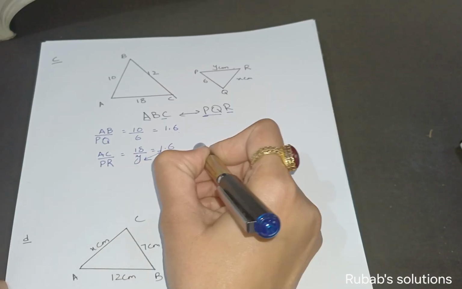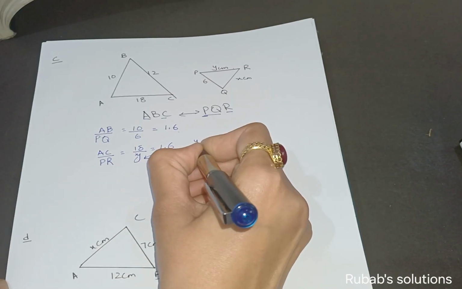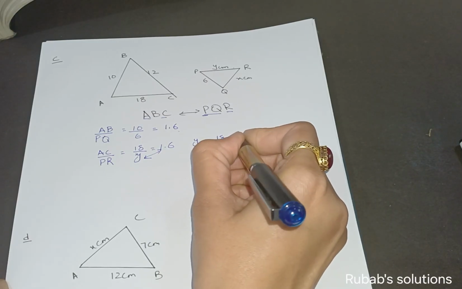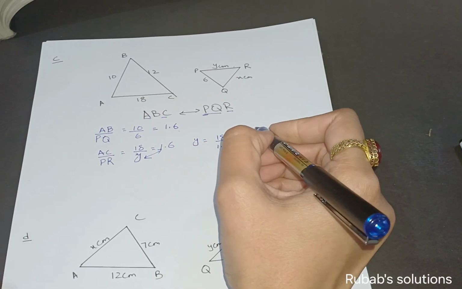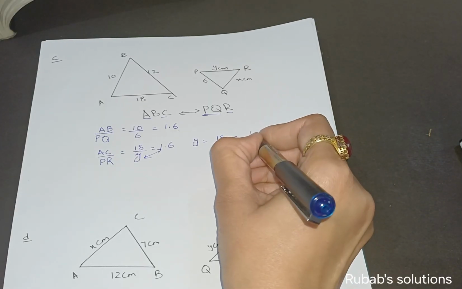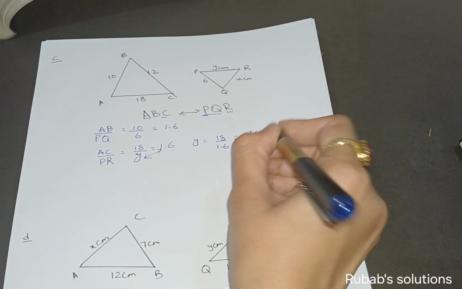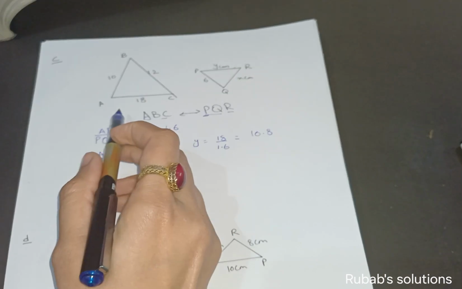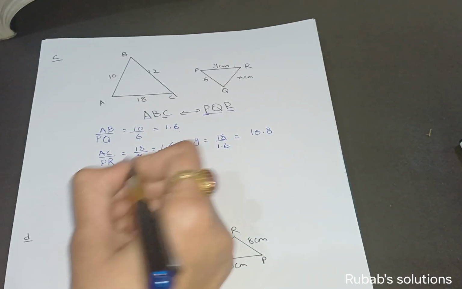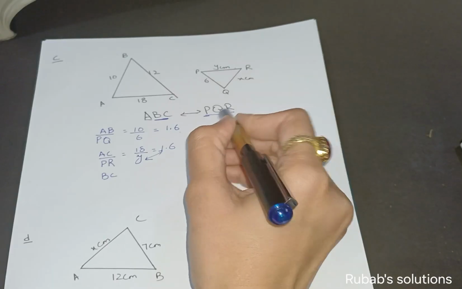Cross multiplication, that means Y is equal to 18 divided by 1.6, and the answer is the value of PR is 10.8.